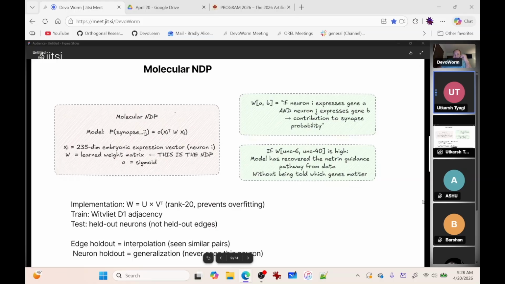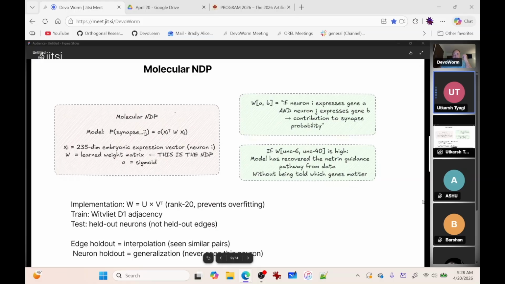Now, here are the results. On 131 neurons with 468 positive synaptic connections, the molecular model achieved an AUC-PR of 0.249 compared to the degree baseline of 0.227, and this proved that molecular identity was beating pure topology. The degree baseline used only the information on how many connections each neuron had.